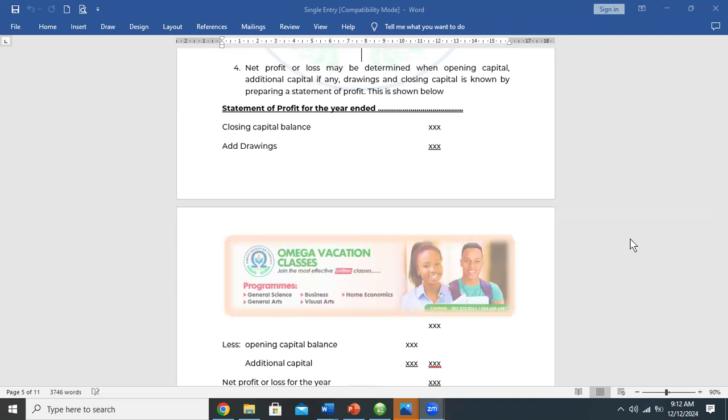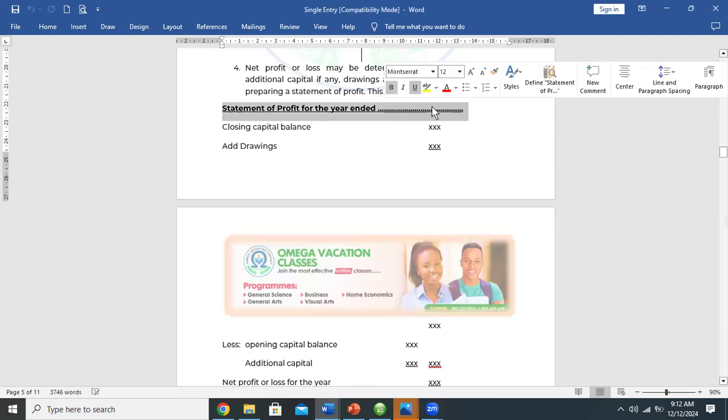So sometimes it becomes very complicated to get your net profit or loss if you want to rely on your sales, purchases, expenses, and income to prepare your trading profit and loss account. If that happens to be the case, then you can also use this, and this is the statement of profit. You can use this statement to determine your net profit for the year. It's a very brief statement.